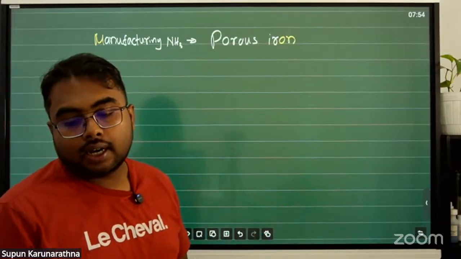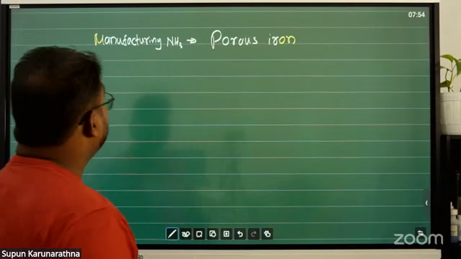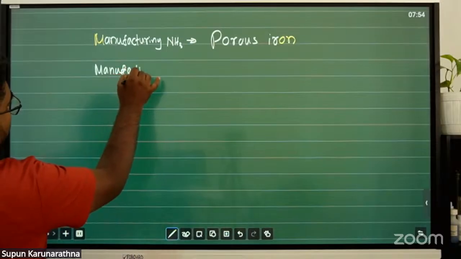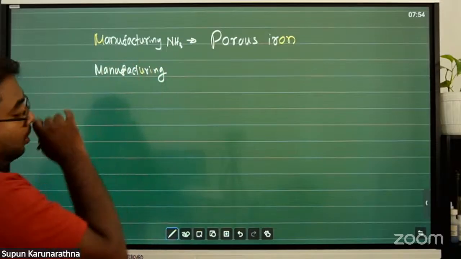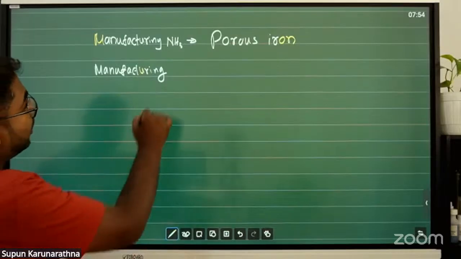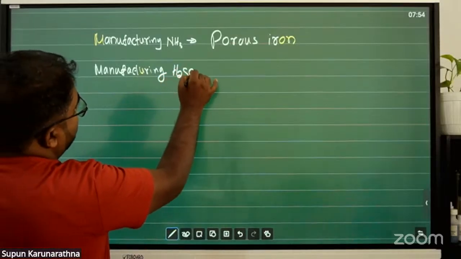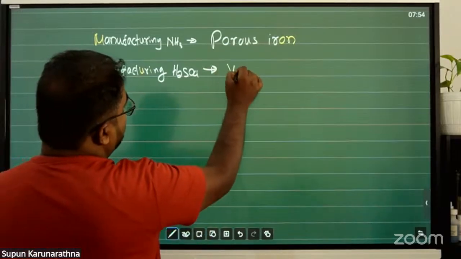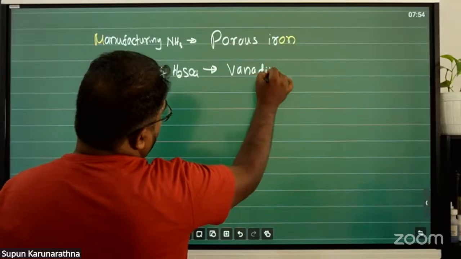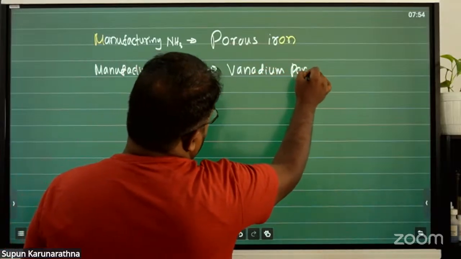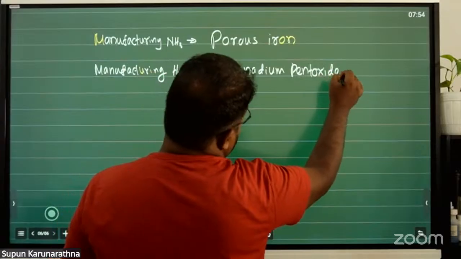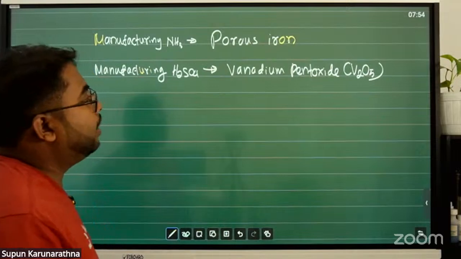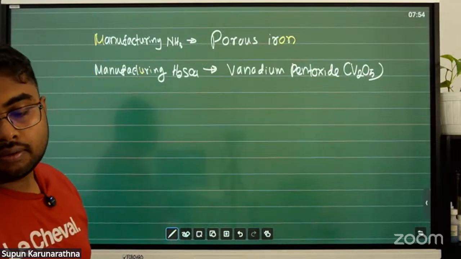Another one: the contact method, manufacturing sulfuric acid, uses the catalyst vanadium pentoxide, V2O5.